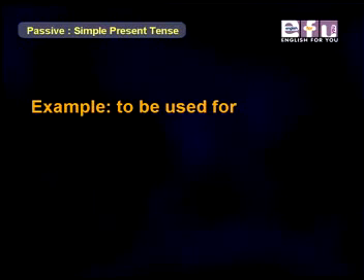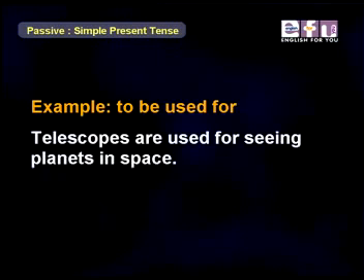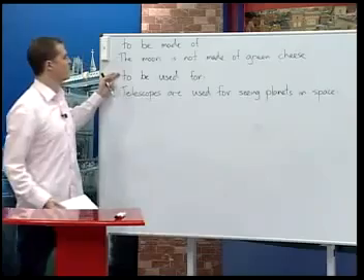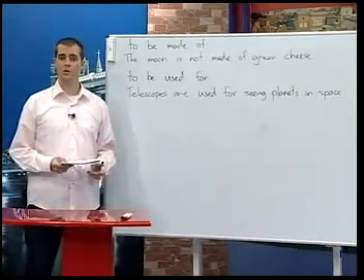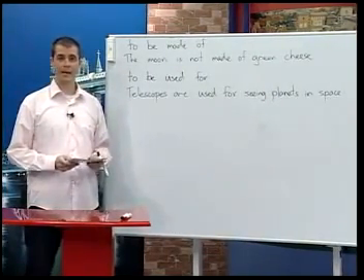To be used for. And here's an example. Telescopes are used for seeing planets in space. Telescopes are used for seeing planets in space.